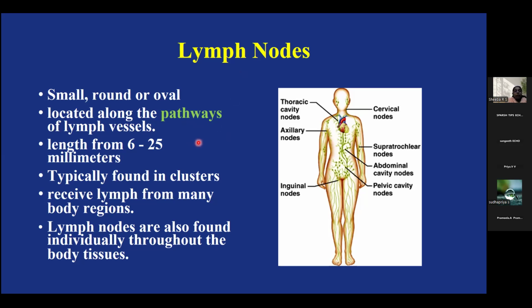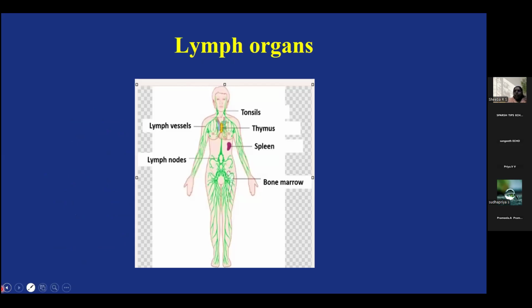Length is from 6 to 25 millimeters, typically found in clusters. The major function of the lymph node is to receive lymph from the body regions and also to filter out harmful substances from the lymphatic fluid. There are around 600 to 700 lymph nodes in our body.